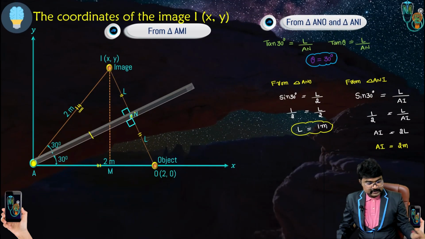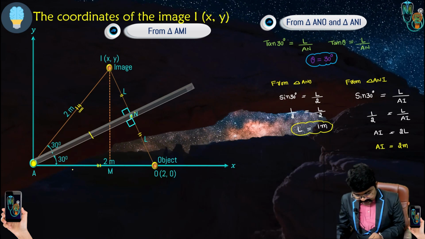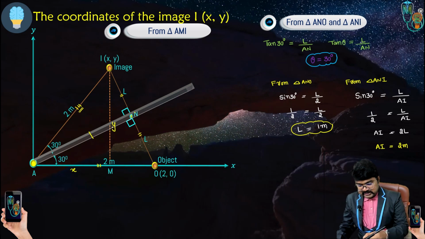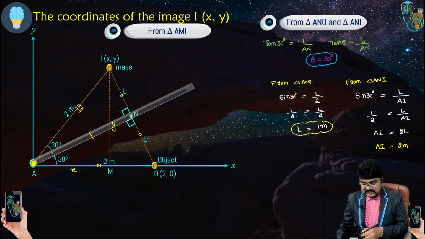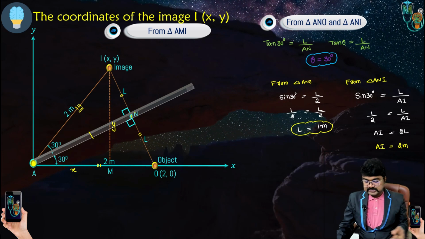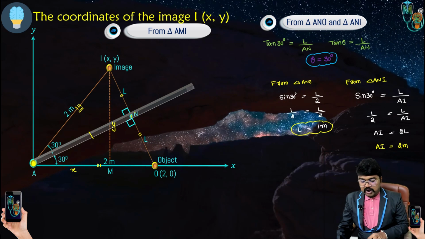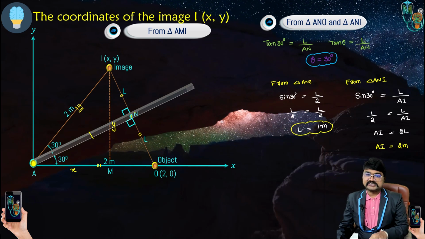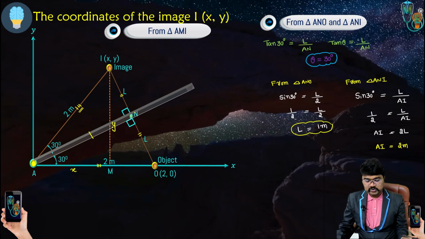Here it would be X, this would be Y. Okay? So IM is Y, this would be AM. So here I(X, Y) is nothing but 2 cos 60 and 2 sin 60. Directly also you can write.